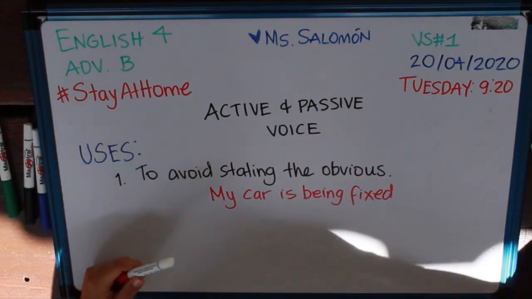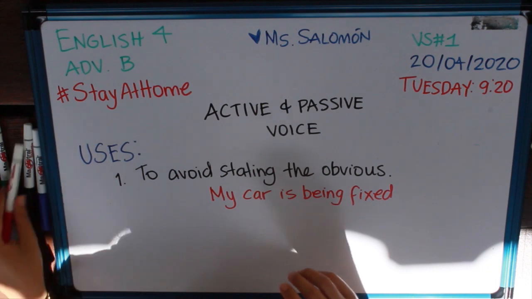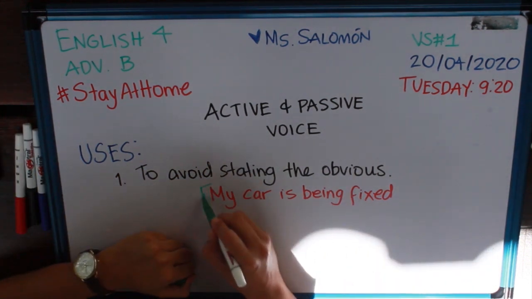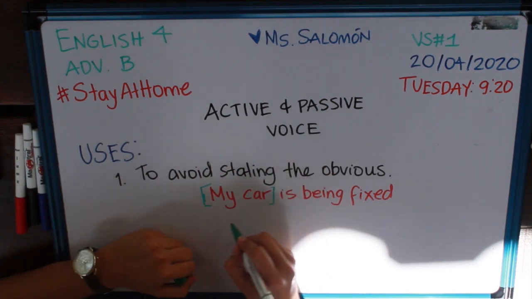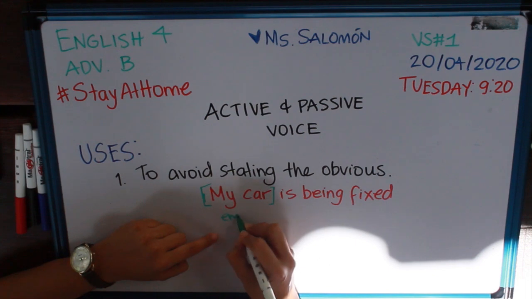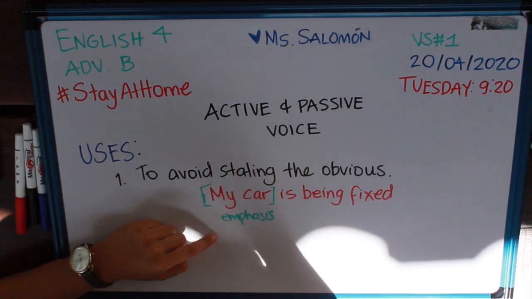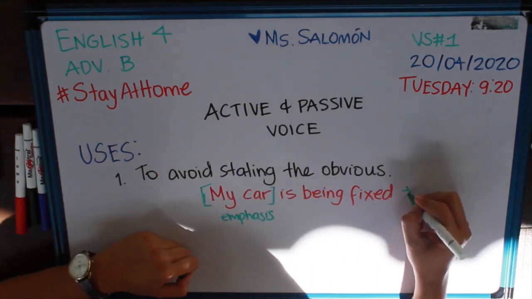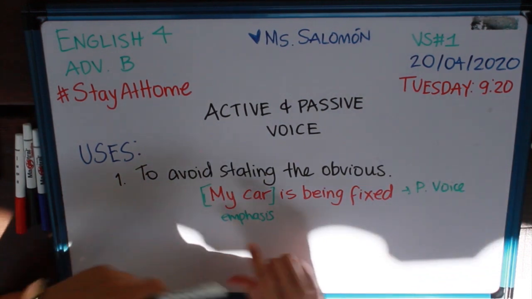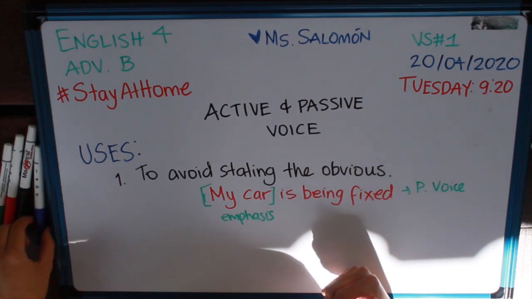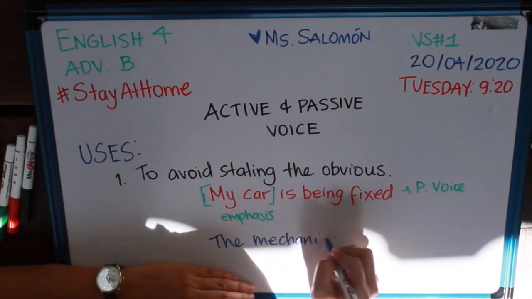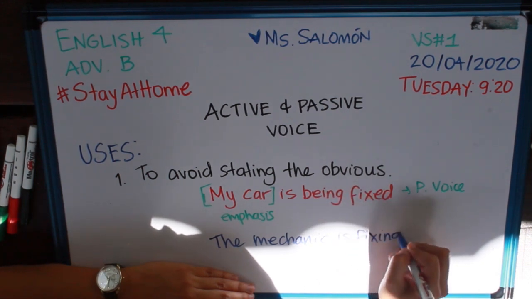Now, if we look at the sentence, this part right here, my car, is the main focus of the sentence. This is what the sentence is emphasizing. This is the passive voice. If I were to write this sentence using the active voice, I would say probably that the mechanic is fixing my car.